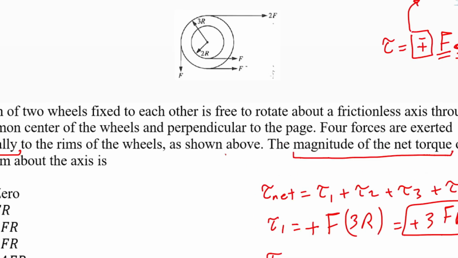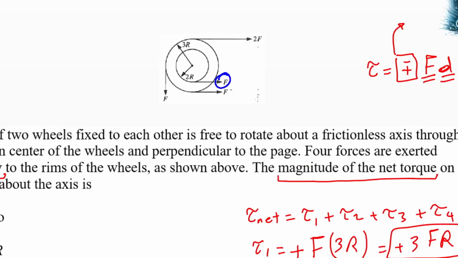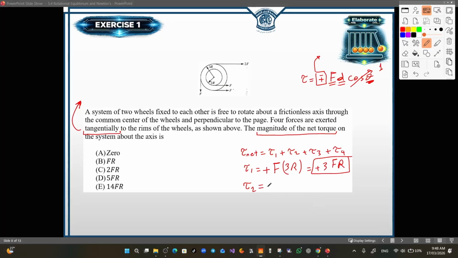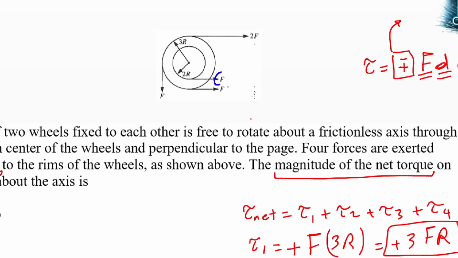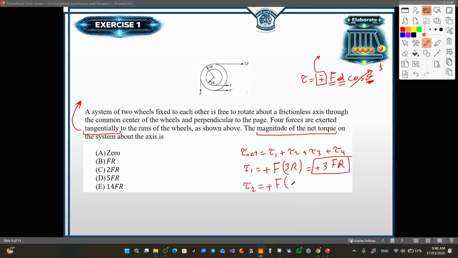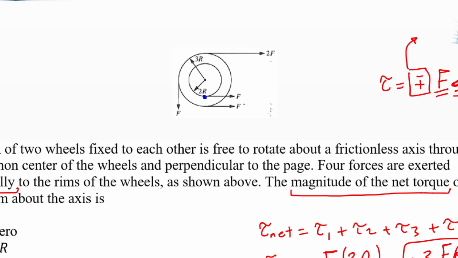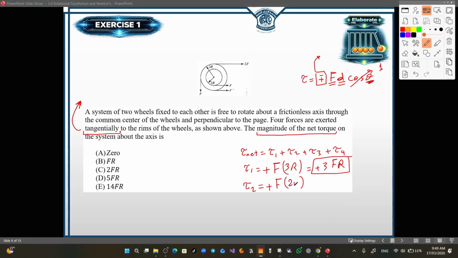Now tau 2 is the second force, and this force also rotates the object in the counterclockwise direction, so the torque has a positive sign. The magnitude of this force is F, and the distance to the pivot is the inner radius, which is 2r. So tau 2 equals plus 2Fr.